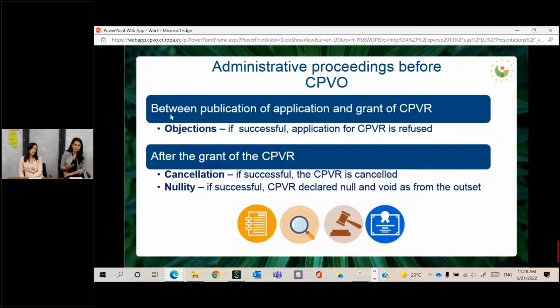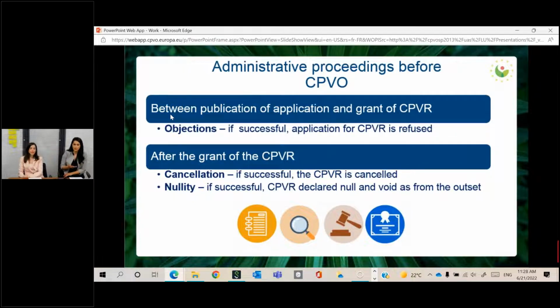When it comes to nullity, the nullity petitioner is telling the office that the right, the CPVR, should have never been granted. On the basis of what ground? That the variety was never distinct, was not new, if we can use a patent wording. It was not different from the common knowledge at the time of the application.